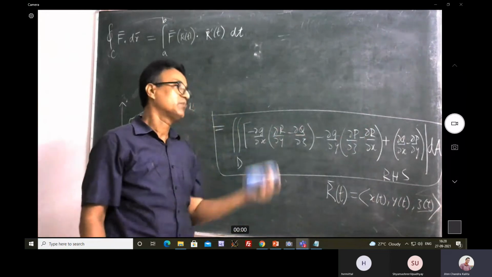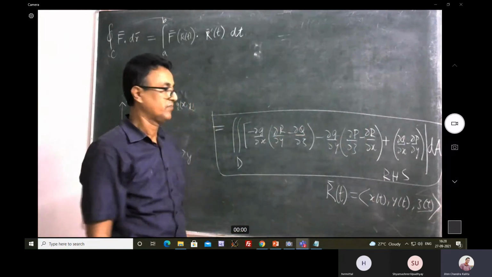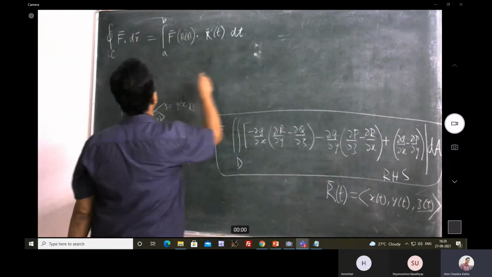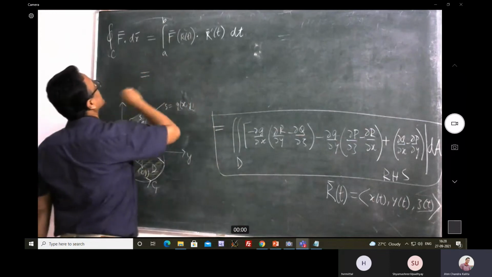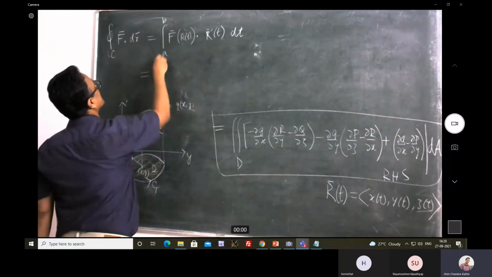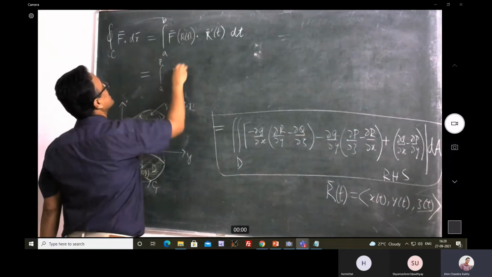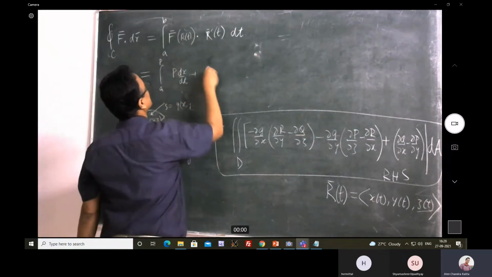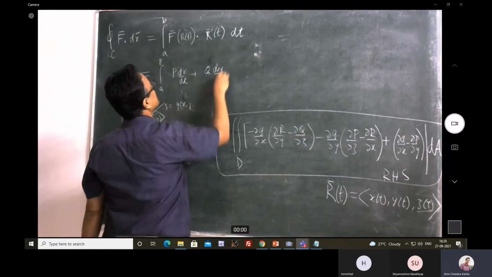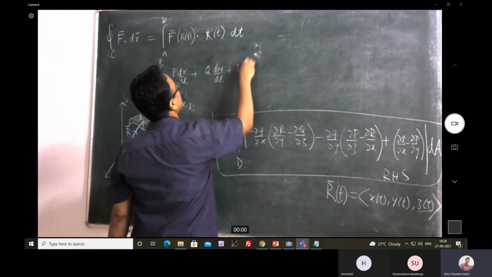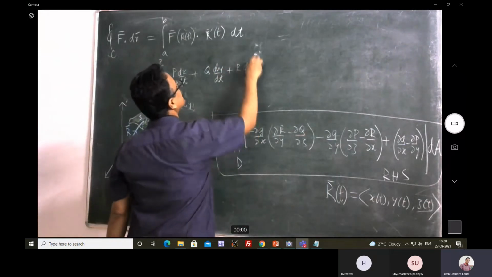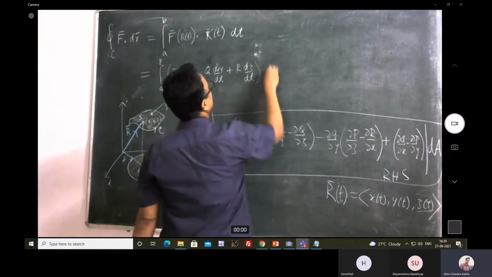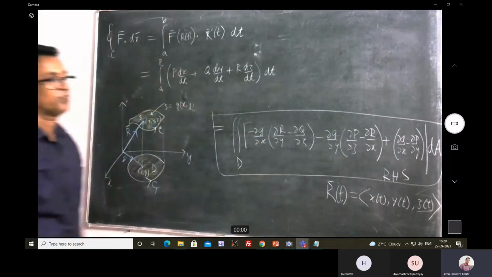You can again convert it back to a function of t. That's okay. So this is going to give you the integral of P dx/dt plus Q dy/dt plus R dz/dt, dt, isn't it?